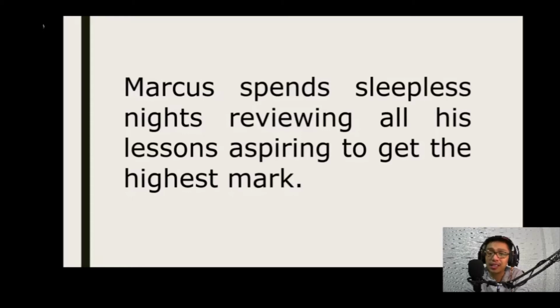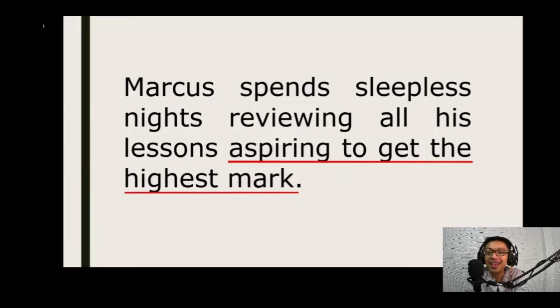Well, at first, it seems that there is no problem in the sentence. However, if you're going to take a closer look at this sentence, then we will definitely learn that there is a misplaced modifier. Okay, so where is the misplaced modifier here? I hope you guessed it right already. Okay, here it is. Aspiring to get the highest mark.